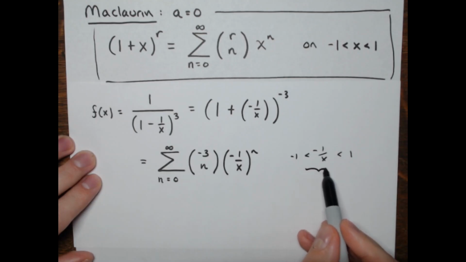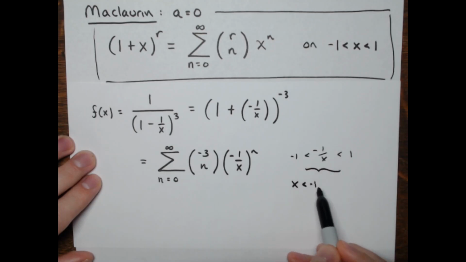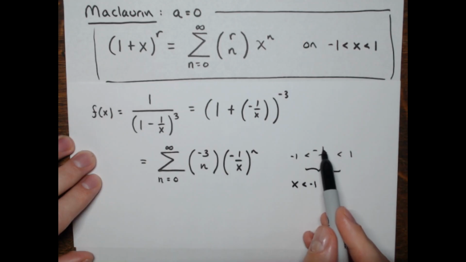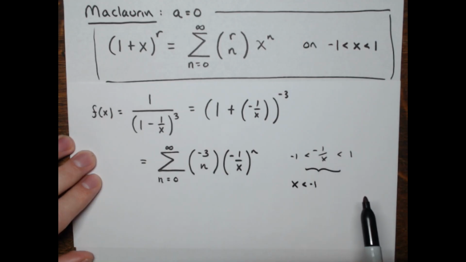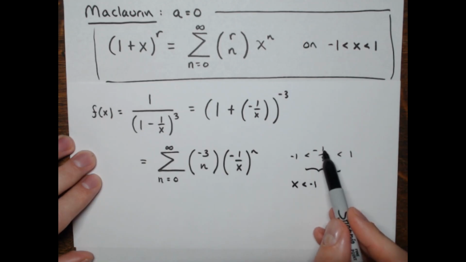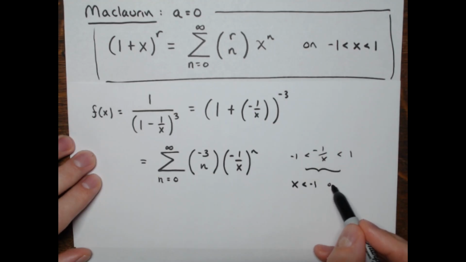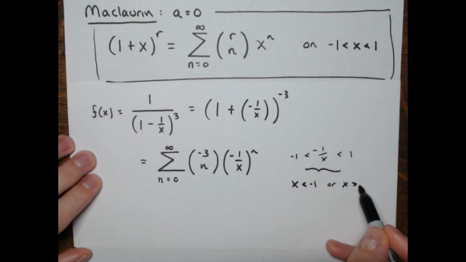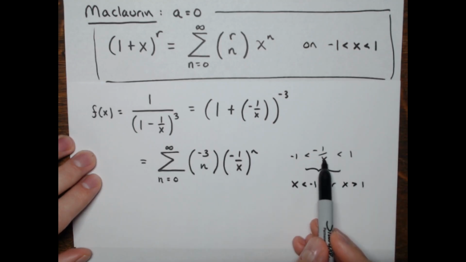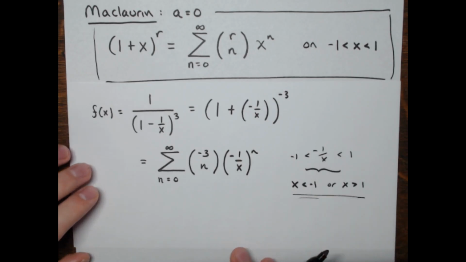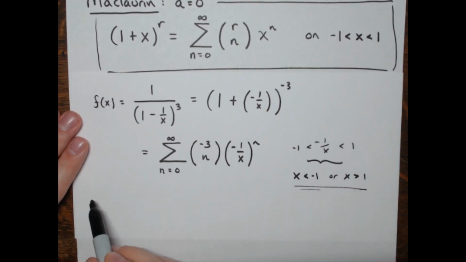So this is only going to happen here if x is less than negative 1, right? Because that would give me negative 1 over negative 2, which would be a half, and then a fifth, and so on. Or when x is greater than 1. When x is greater than 1, you'd have negative 1 over 2, negative 1 over 3, negative 1 over 4. Those would be between those two. So the interval of convergence there is another split one.